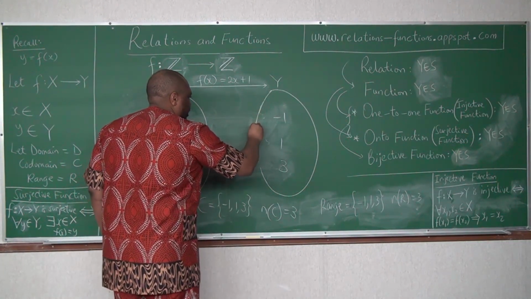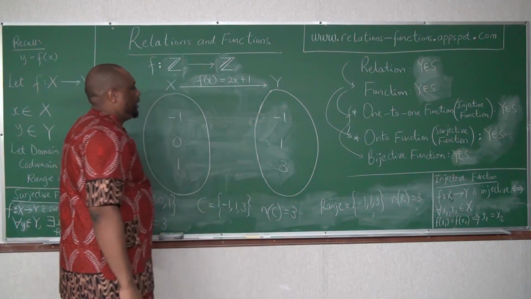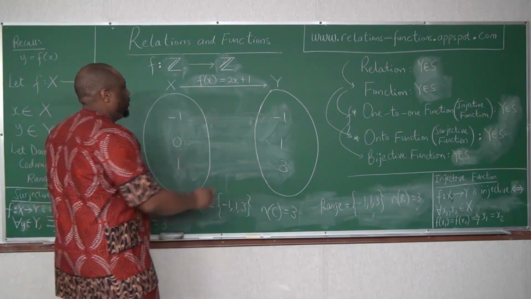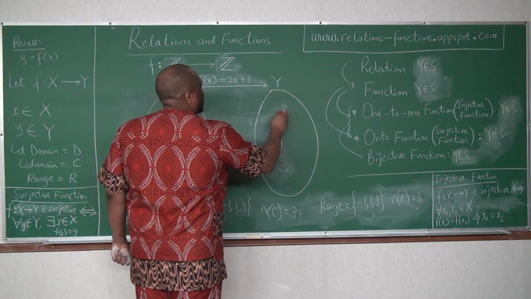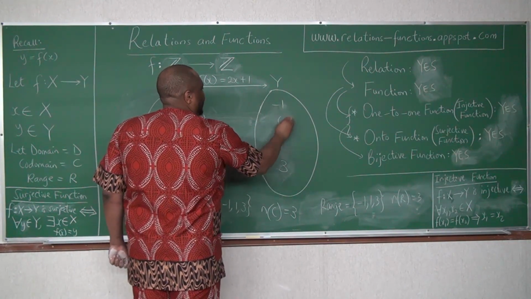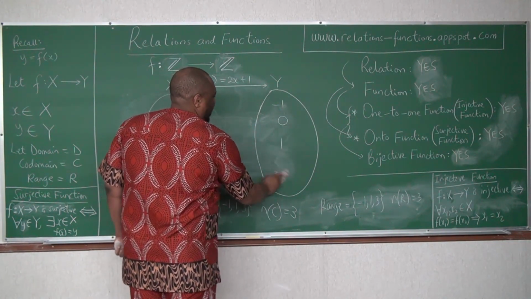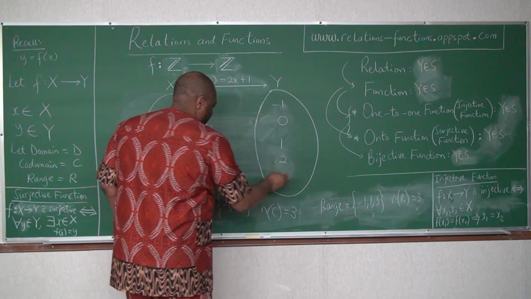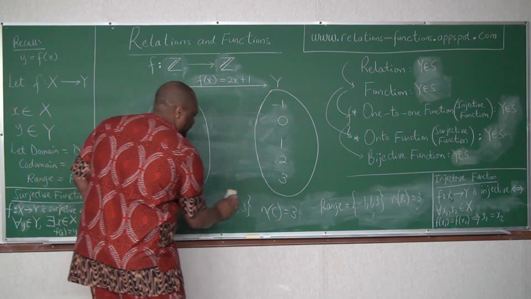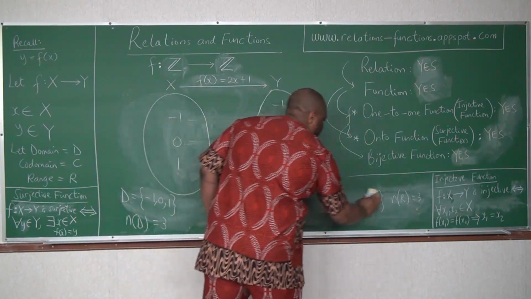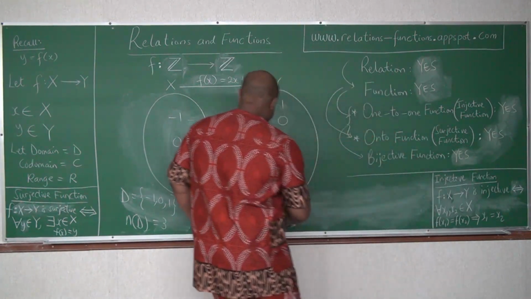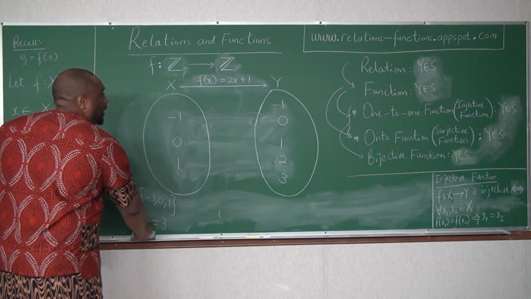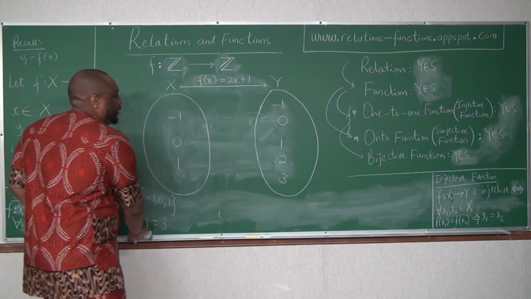But then, let's say here, we have -1, we have 0, we have 1, we have 2, and we have 3. Now let's look at this here, folks. Let's look at this example here.